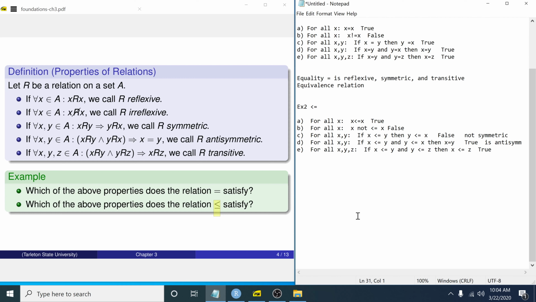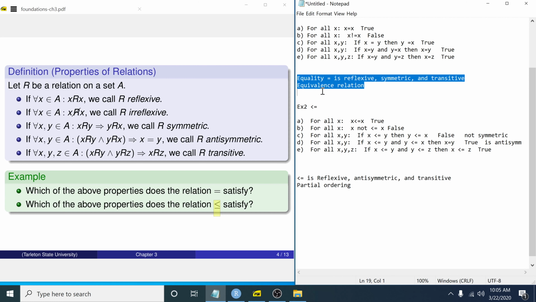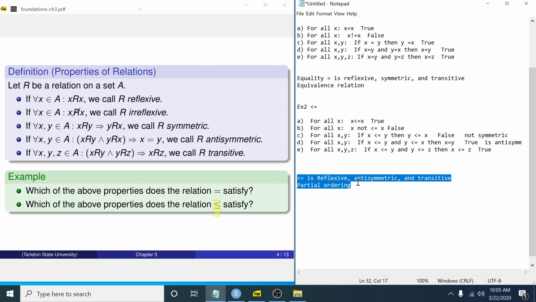Three of the properties it has that are really interesting are that it is reflexive, antisymmetric, and transitive. And any relation that has these properties is called a partial ordering. So an equivalence relation is a relation like congruency between triangles that says that one thing is kind of equivalent to another thing. An ordering is a relation that says in some sense that one thing is less than or equal to something else.